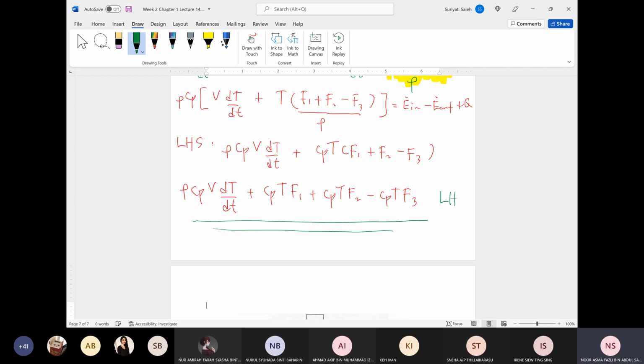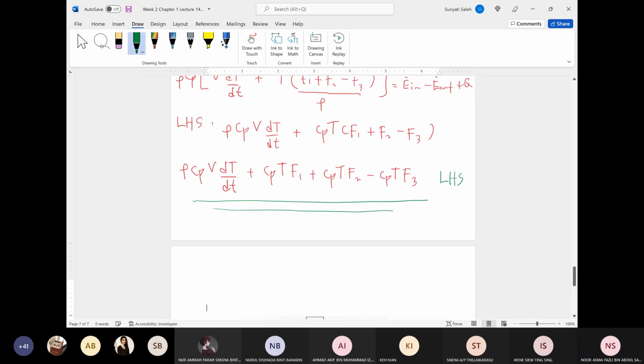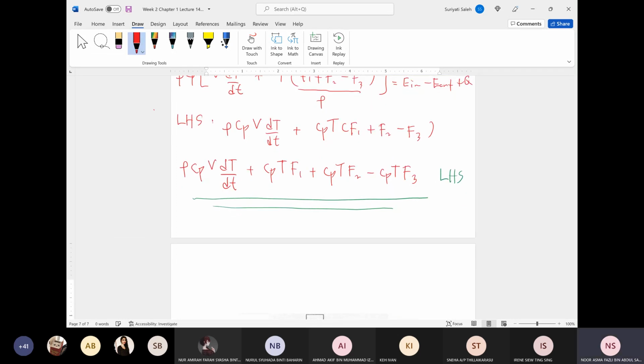So we are focusing on the right-hand side now.